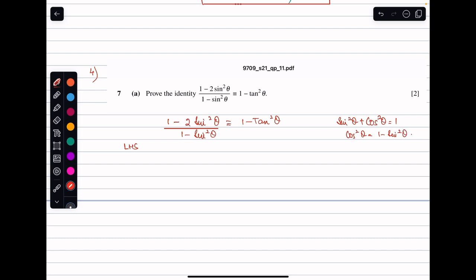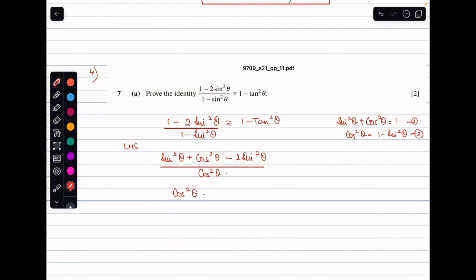So I will be using both these identities in place of 1. In place of 1 here, I shall be writing sine square theta plus cos square theta. So this is sine square theta plus cos square theta minus 2 sine square theta divided by 1 minus sine square theta, which is obviously a cos square theta. So it should be a cos square theta.